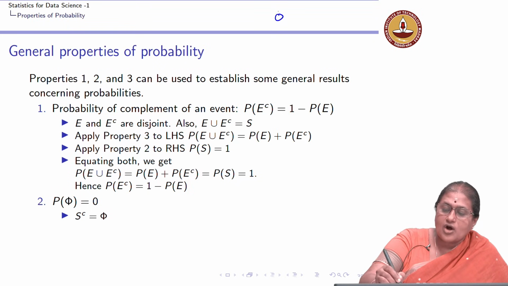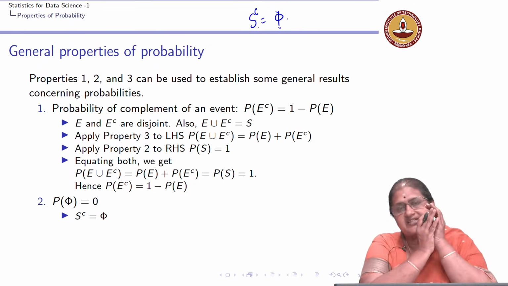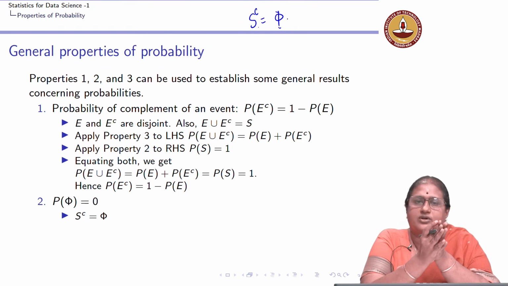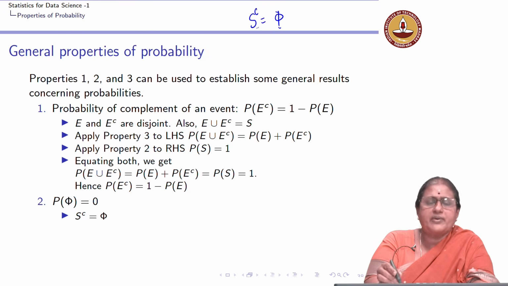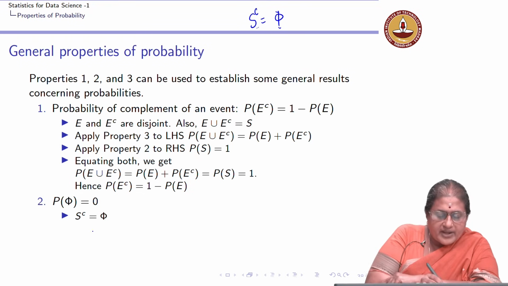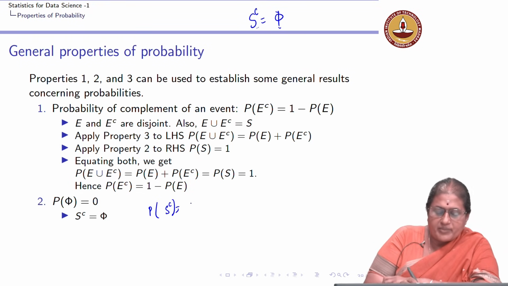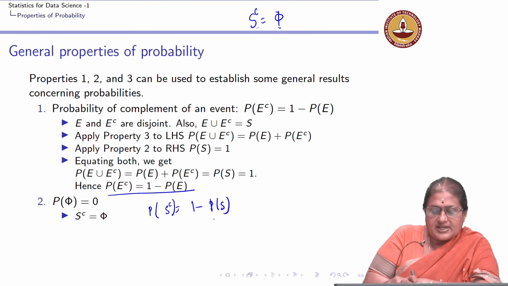Now, what is the complement? I know the complement of my sample space is the null event. Sample space is the collection of all the outcomes. Null event does not have any outcome. Hence, the complement of the sample space is my null event. I know from my earlier property, probability of the complement equal to 1 minus probability of that event.